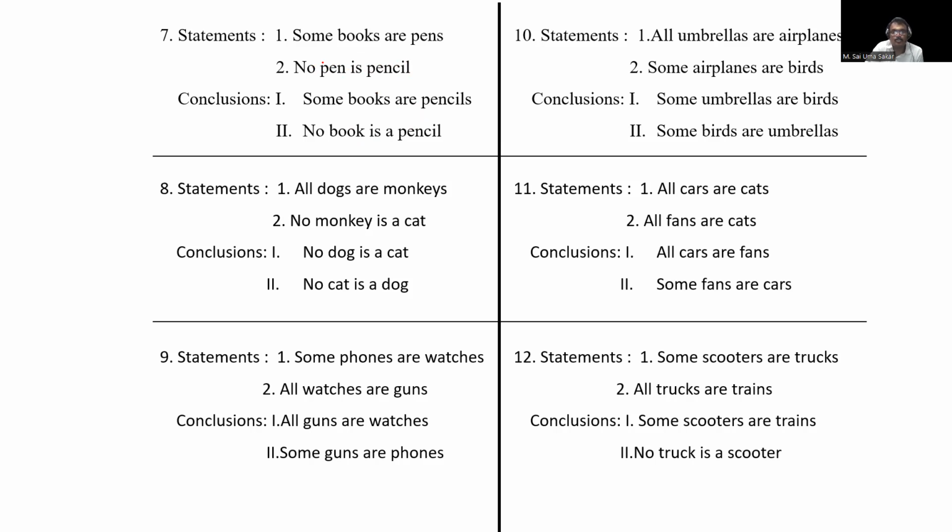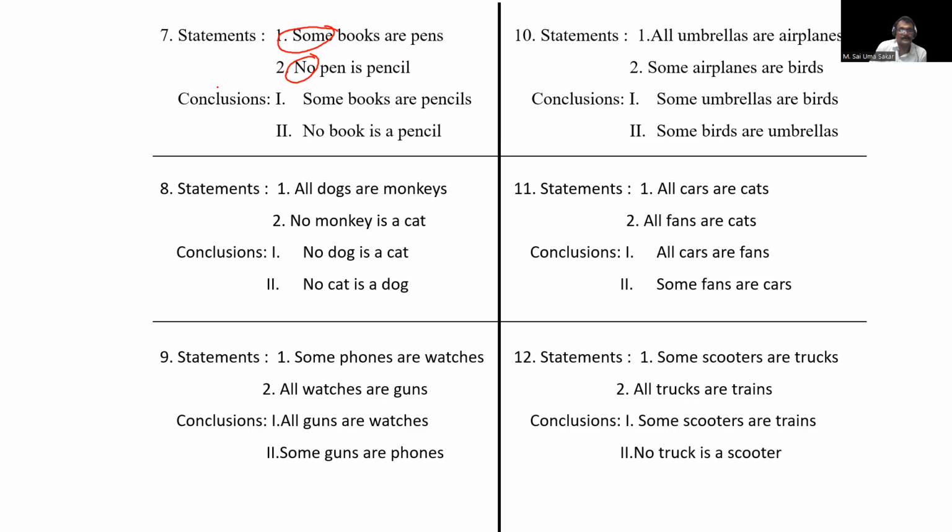Now move to the mediate inference. Here in the mediate inference, first statement is particular, second statement is negative. So what is the conclusion? Must be particular negative. Is there any particular negative conclusion? No. So mediate inference is also not exist. What is the next step?